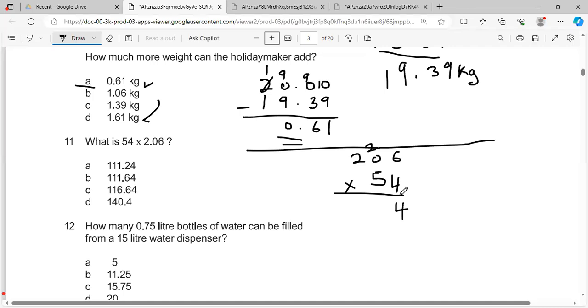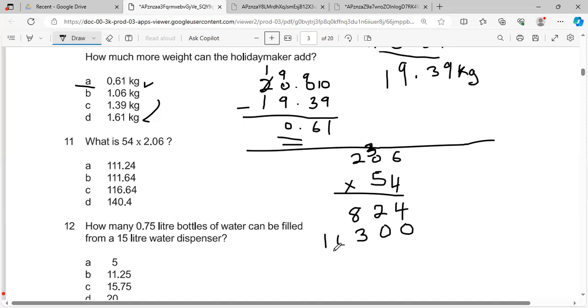Okay. 4 times 0, that's 0, and we add the 2. 4 2s, right? We know we're going to multiply by 50, so we put a placeholder to hold the space, right? To show that we're multiplying by 50. So 5 times 6, that's 30, so it's 0, carry the 3. Then 5 times 2, which is 10.